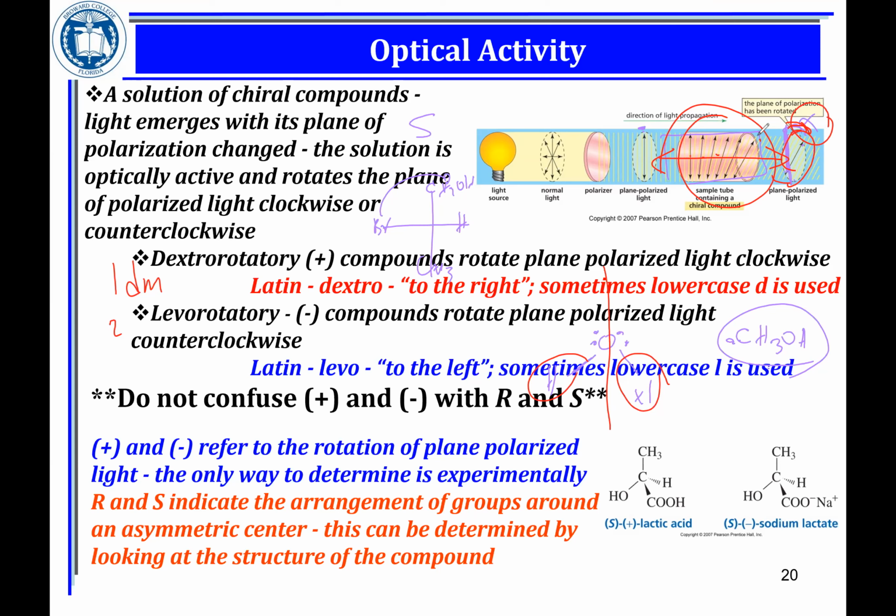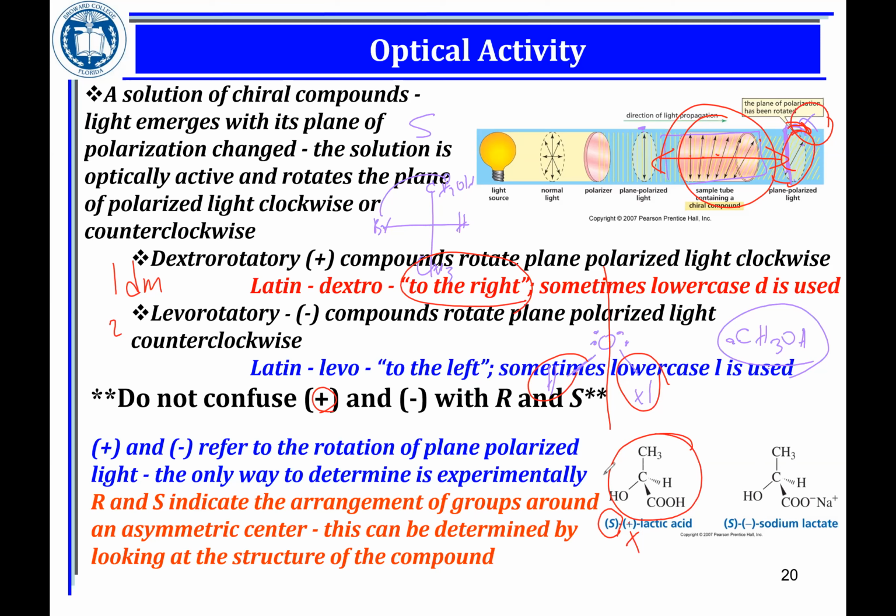One point, the plus or minus sign. If the sample is going to rotate the light to the right side or to the left side, it cannot be determined by looking at the structure of the molecule. By looking at the structure of the molecule, you could say if this is S or R, but you cannot say if it's plus or minus.